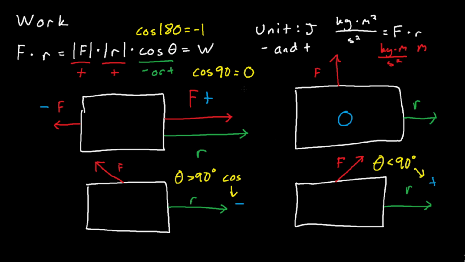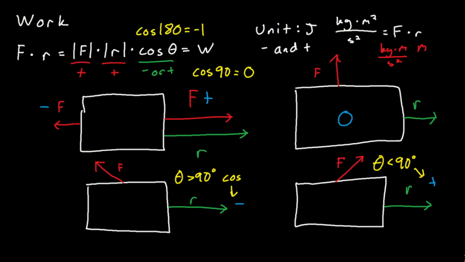So as long as your force vector creates an acute angle with your displacement vector, you'll have a positive work. If it creates an obtuse angle, it will have a negative work. If it creates a right angle, you're going to have a work of 0. And if it's going directly in the same direction, well, it's technically 0 degrees.